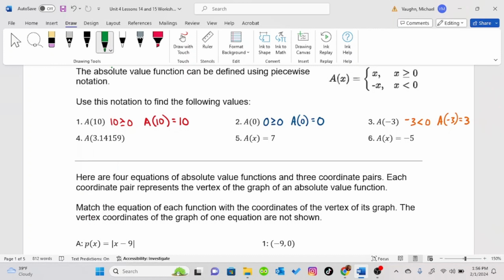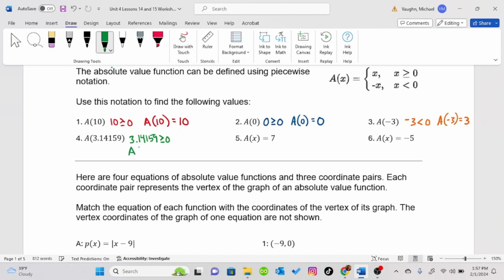Number 4, a of 3.14159. This is pi. 3.14159 is x. It follows the top rule because that is greater than or equal to 0.